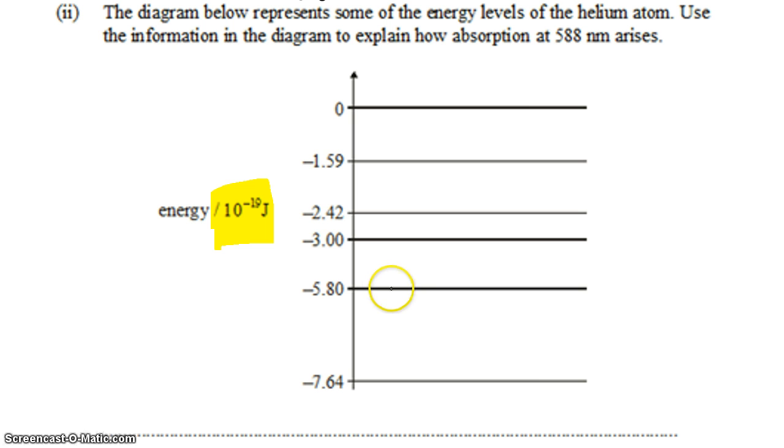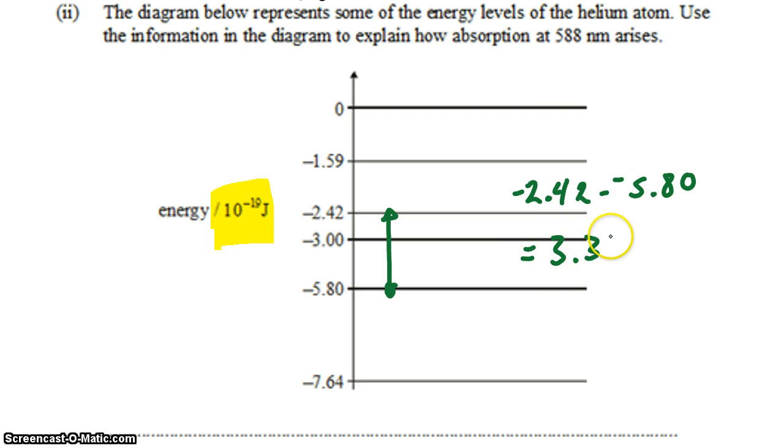If the electron is at this shell, and it moves up to that shell, then the difference, negative 2.42 take negative 5.80, is 3.38, and then we have our scale on the side, times 10 to the negative 19th joules.